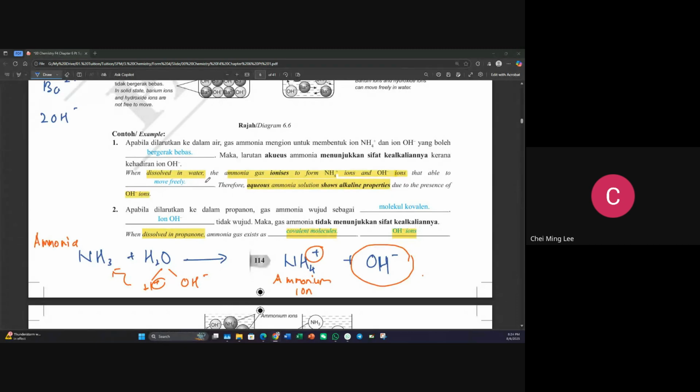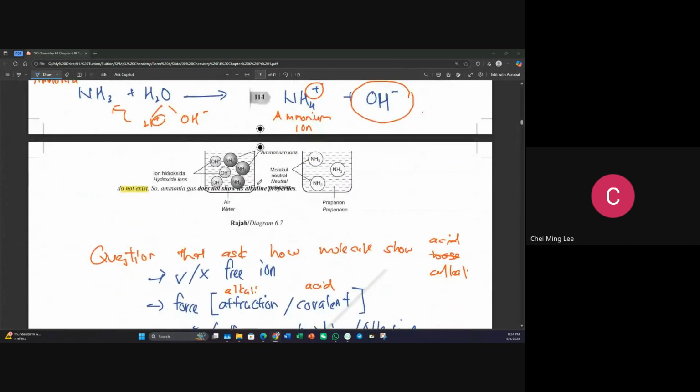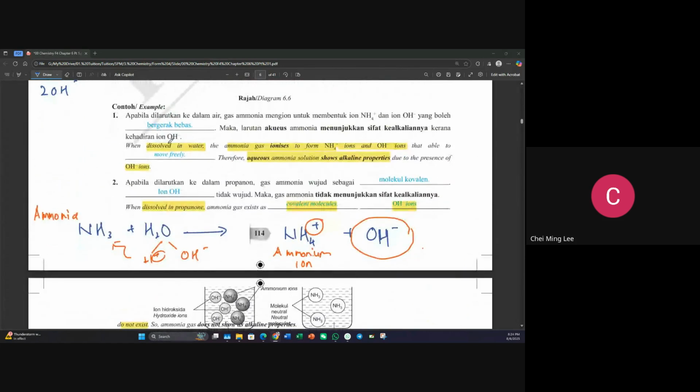When dissolved in water, the ammonia gas will ionize to form ammonium ions and hydroxide ions. They are able to move freely. Therefore, aqueous ammonia solution will show the alkaline property due to the presence of hydroxide ions.